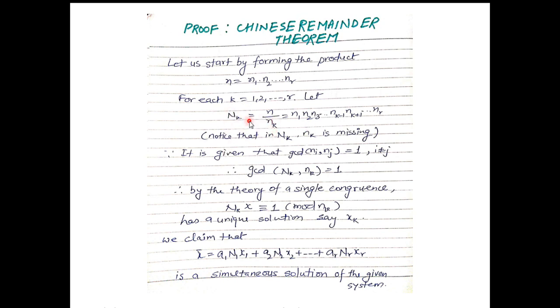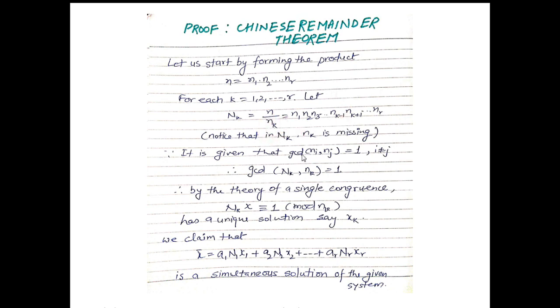That means capital N1 is n upon n1, N2 is n upon n2, N3 is n upon n3. This is capital Nk and this is small nk. So what is n upon nk? It will be n1, n2, n3 and so on, nk minus 1, nk plus 1 and so on up to nr. So the factor nk is eliminated because nk is in the denominator.